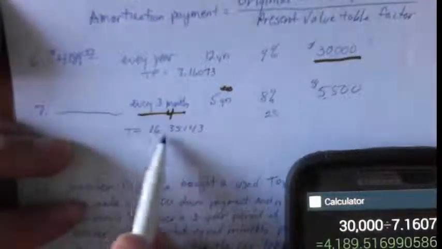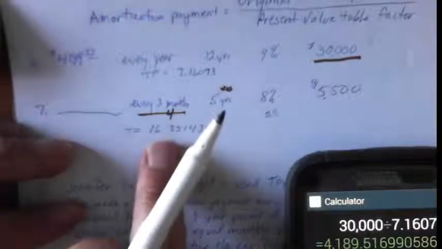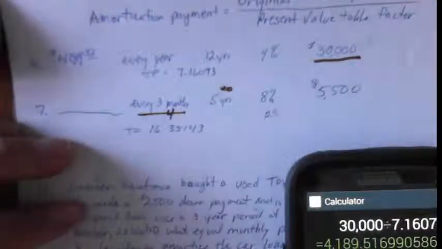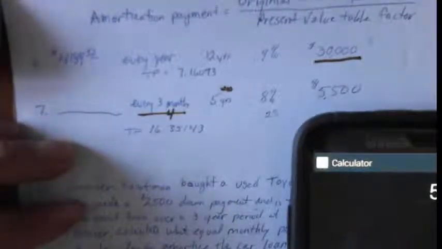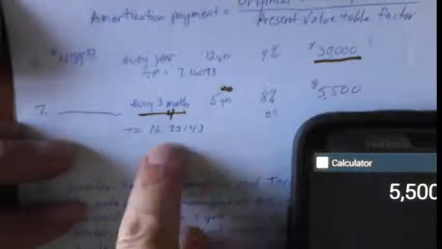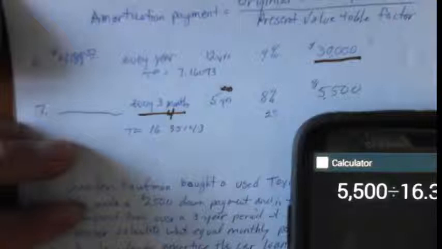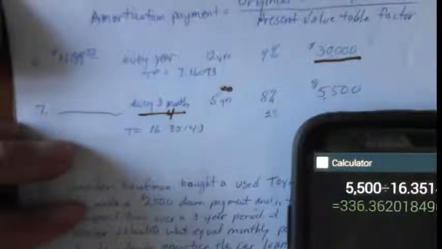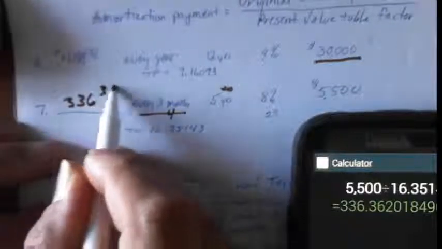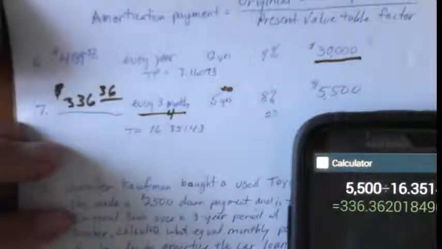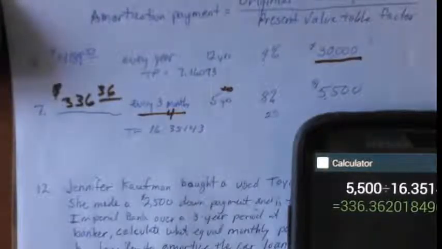For the table factor, I'm speeding us up by already looking it up: 16.35143. Again, we're just putting these numbers in, 5,500, dividing by the table factor. We would need to pay in $336.36 every 3 months in order to pay off that debt loan.